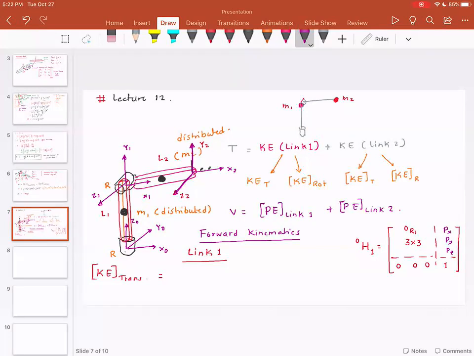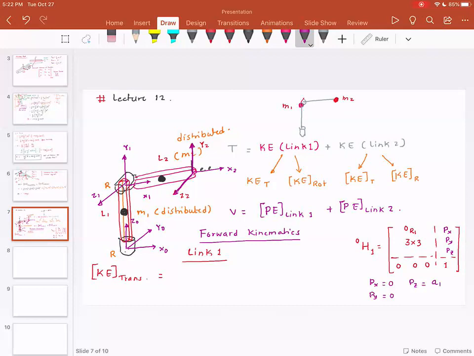I want you to look at the expression for px, py, and pz. You would realize the expression, and at this point I want you to look at 0h1 from lecture 12. You will notice your px is 0, py is 0, and pz is equal to a1.